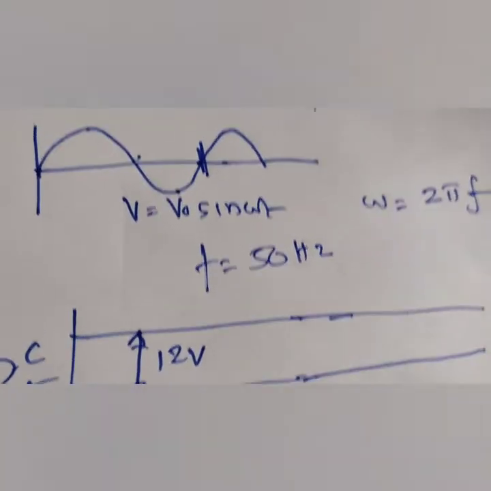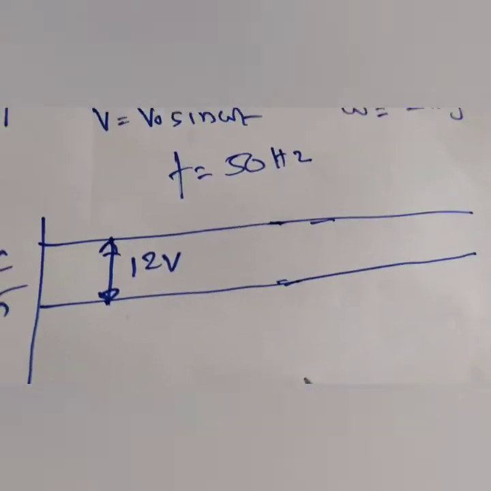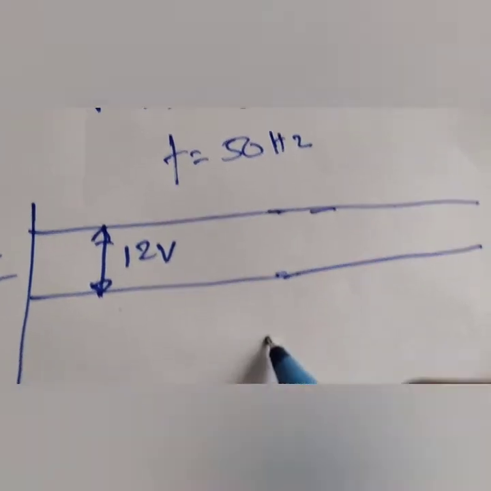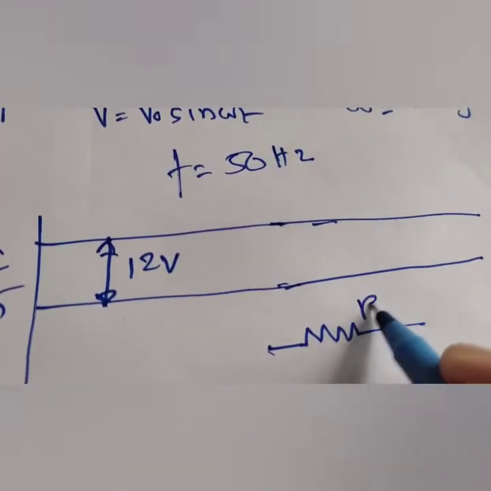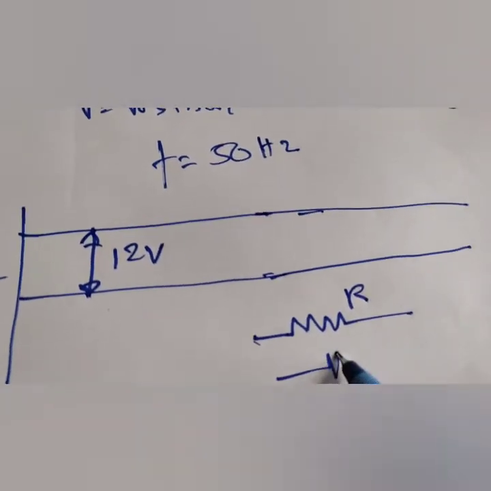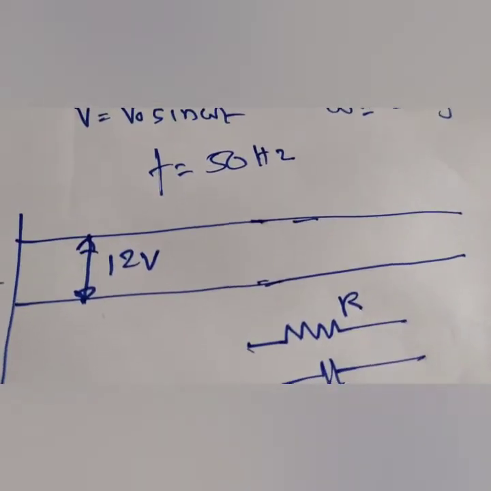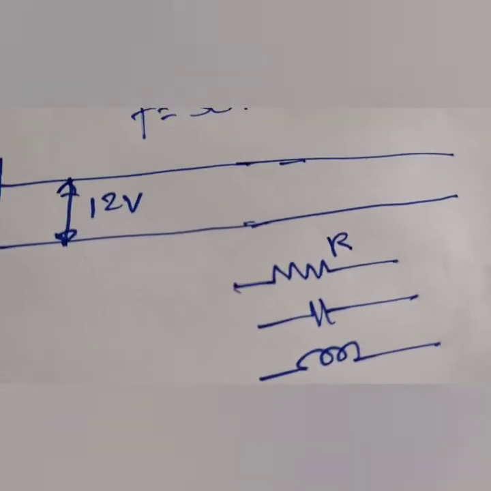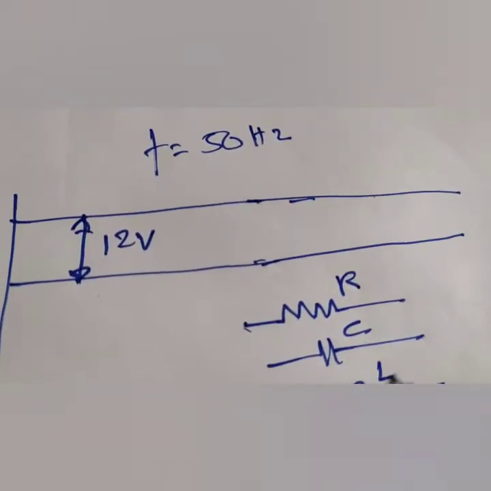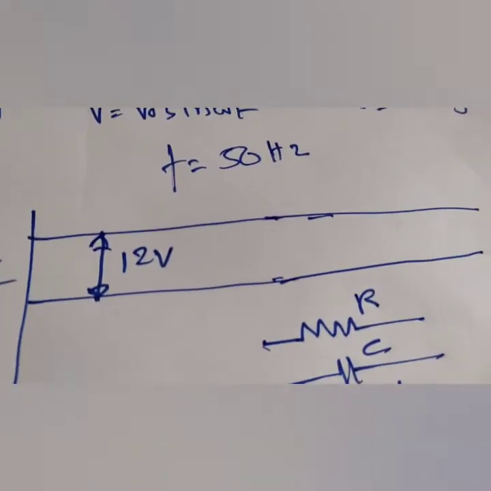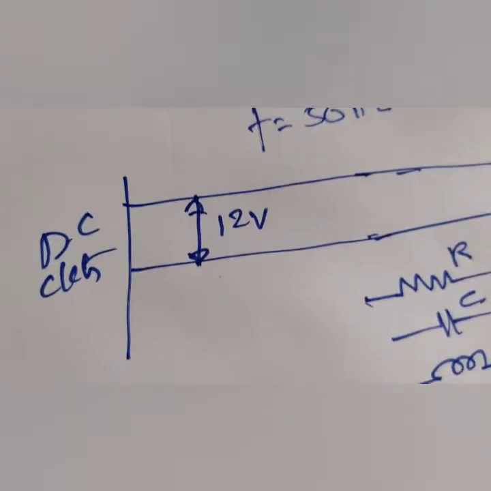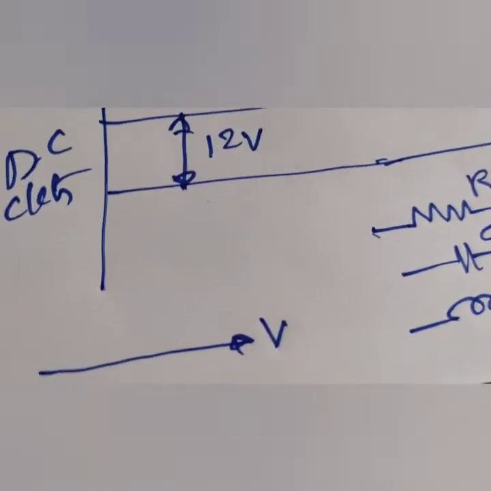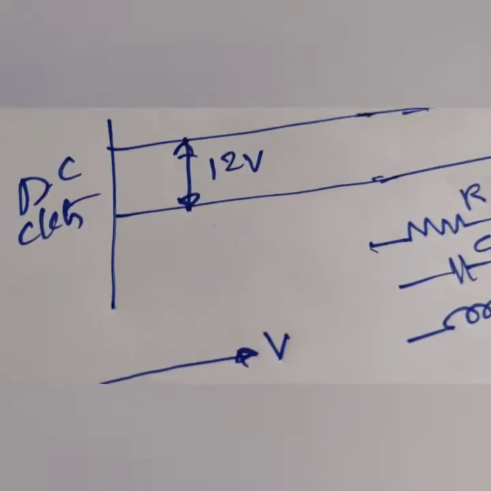Now what about a capacitor? In a circuit we have resistance, capacitance, and also inductance, RCL. With resistance, the voltage will be in phase with the current.